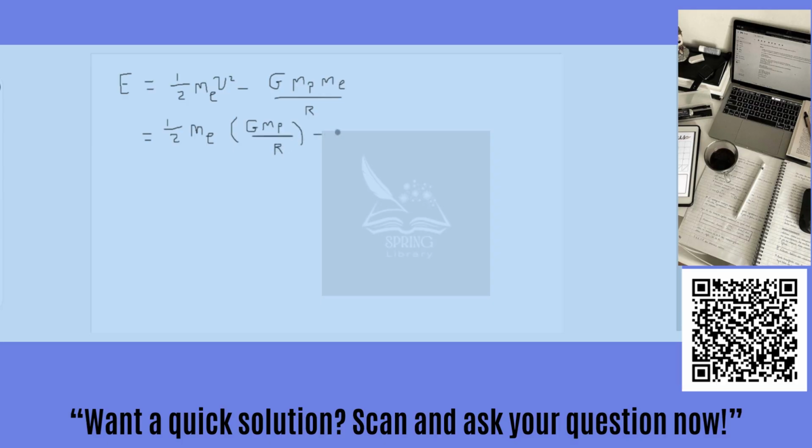And you discover something very neat here. Those two expressions are exactly the same except for the 1/2 here. So you end up with the following. This total energy will be equal to minus 1/2 J m_e m_p over r. Wonderful.